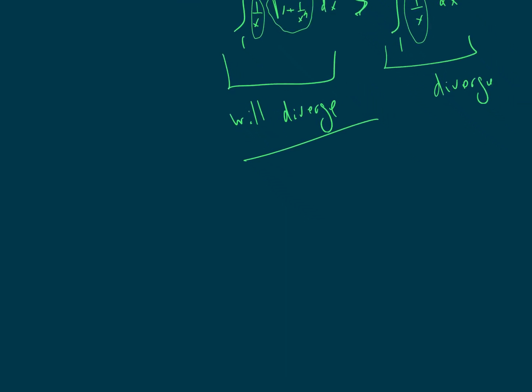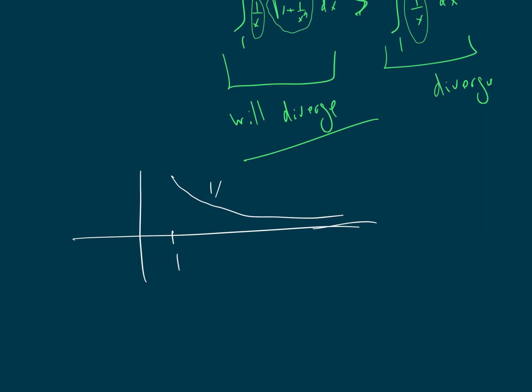When you have the function 1 divided by x from 1 to infinity, when x is 1, this is 1. When it's 2, this is 1 half, etc. The area that is here diverges. So the integral of 1 divided by x dx from 1 to infinity diverges.